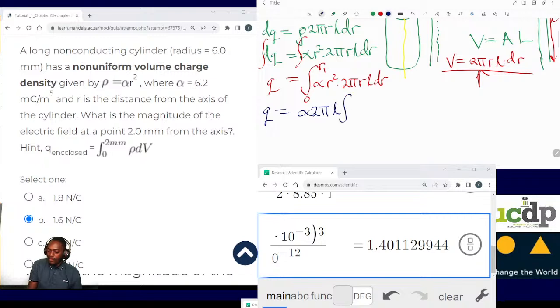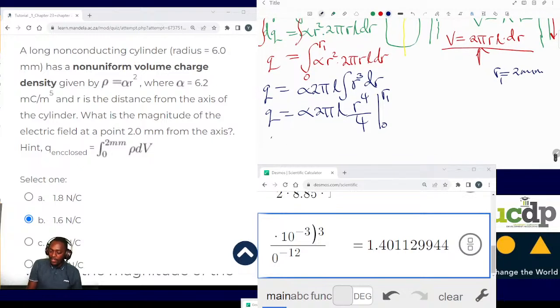You remain with integrating r cubed dr. If you integrate r cubed, you will get r to the 4 over 4, with limits 0 to r1. We said r1 is where our Gaussian surface is, so r1 is equal to 2 millimeters. Which means our charge enclosed is equal to alpha 2 pi L r to the 4 over 4.